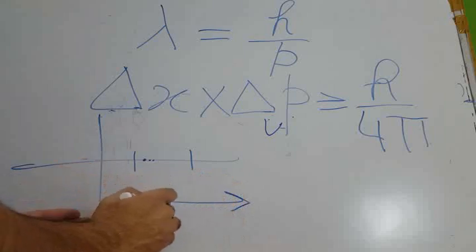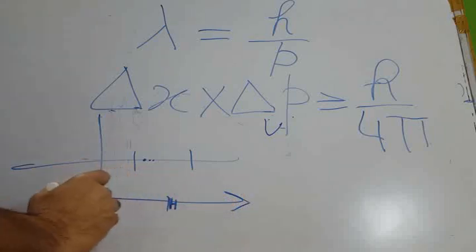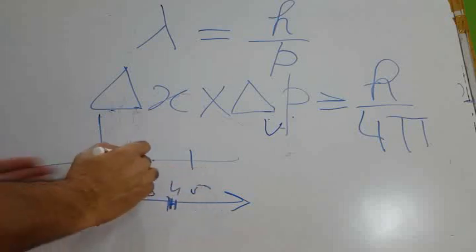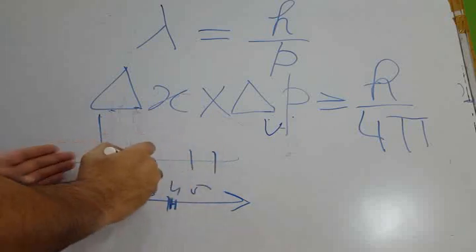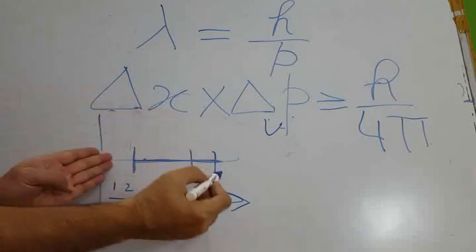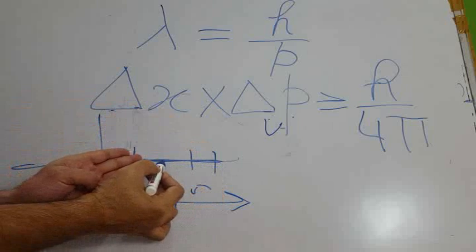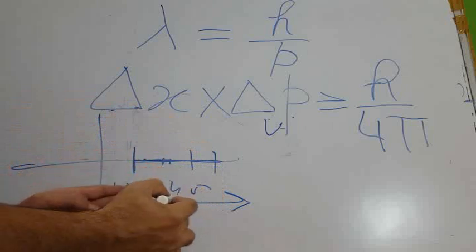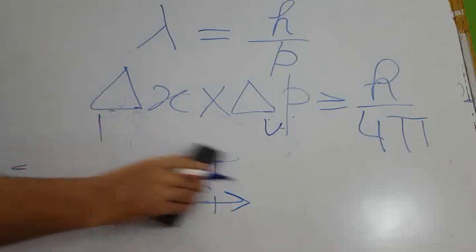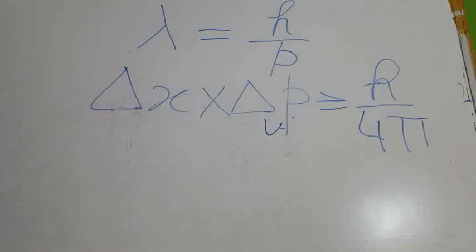If we try to be more precise here to find the velocity, then this uncertainty range gets wider, and same is true when we try to make position more precise, then it gets wider. Means it is not possible to find position and momentum of any particle exactly at the same time.